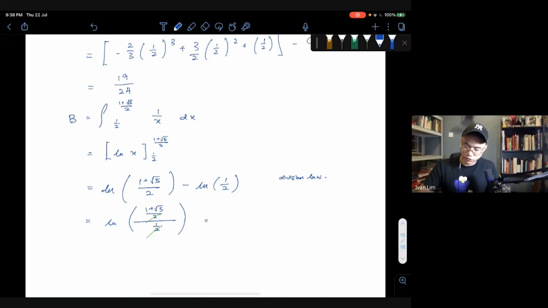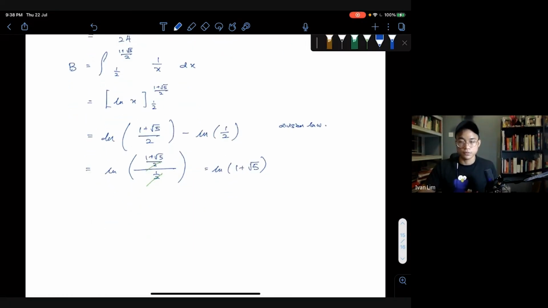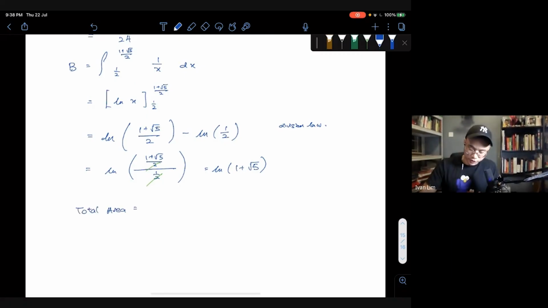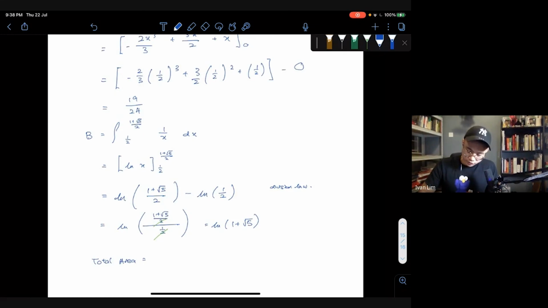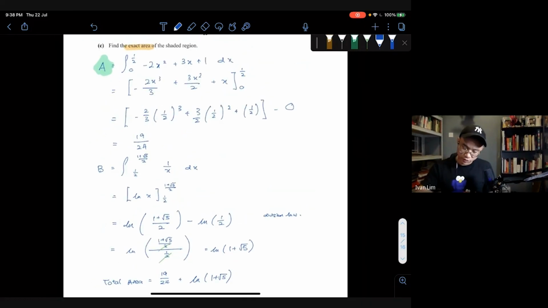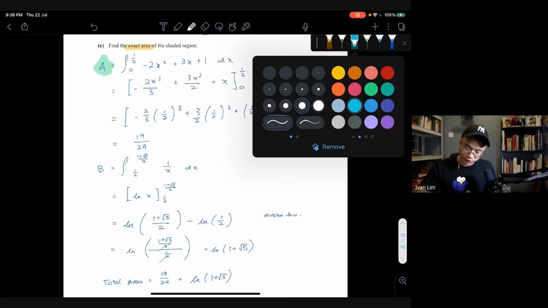Okay, so equals to ln of 1 plus root 5. Total area, sum both of it up together. Okay, so you get 19 over 24 plus ln of 1 plus root 5. Okay, this will be your blue color area.